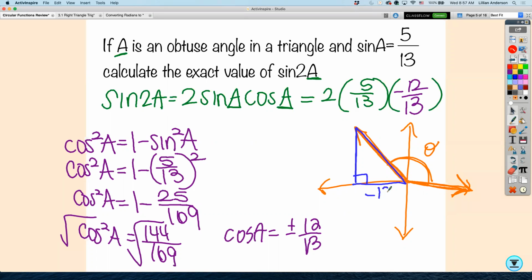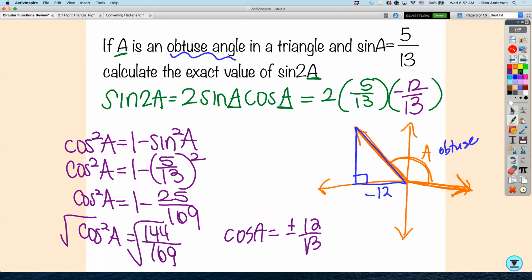Hence, cosine would have been a negative value. That's how we create that obtuse angle that they told us about from the very beginning. So it wouldn't be positive, it would have to be negative because A is an obtuse angle. I probably should have labeled this A instead of theta.